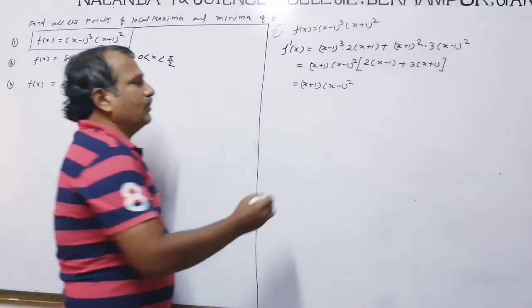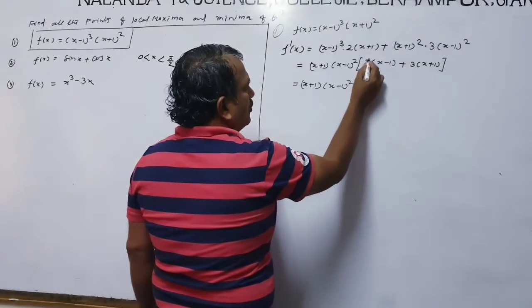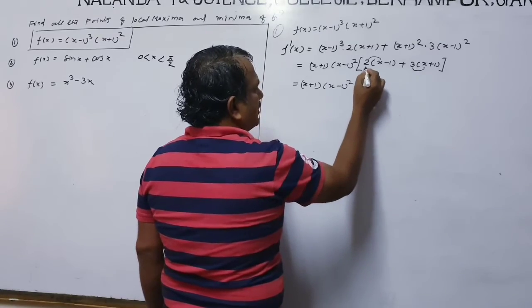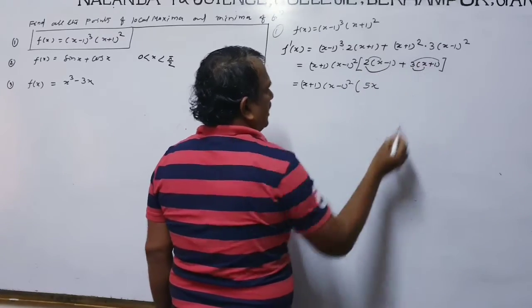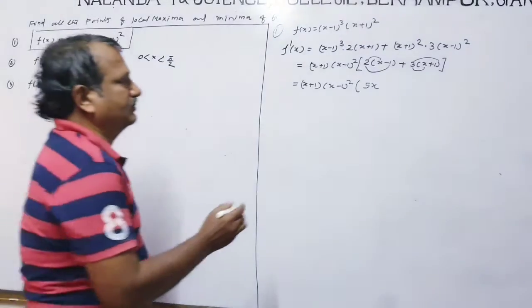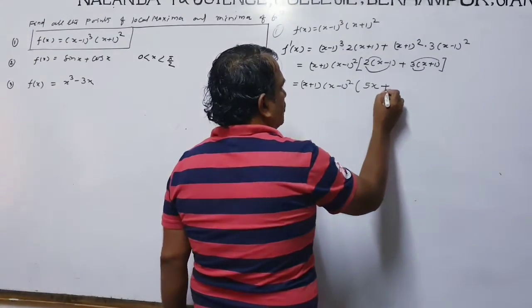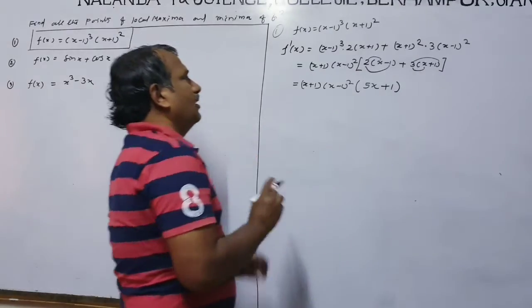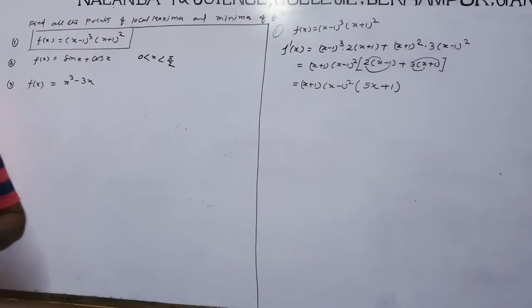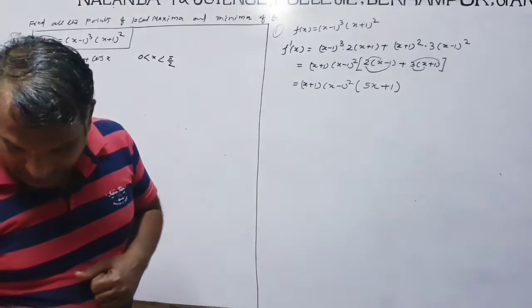Now here 2x plus 3x is 5x, minus 2 plus 3, how much? Is 1. So 5x plus 1. Then f dash x equals 0. Then find the value of x.